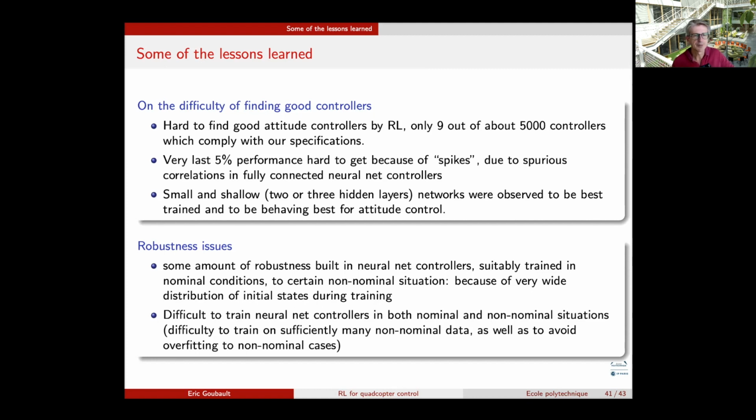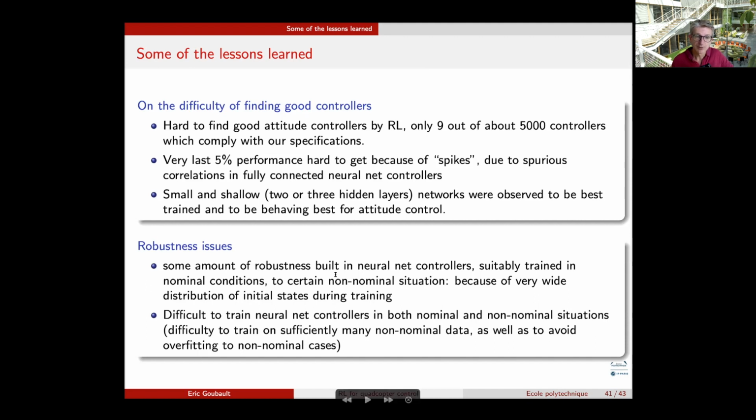Further experiments showed that if we separated out different controllers for different angular rate controls, it behaves actually much better. So small and shallow networks were best trained and behaving best. You don't really need to go into very deep networks and very big networks either.